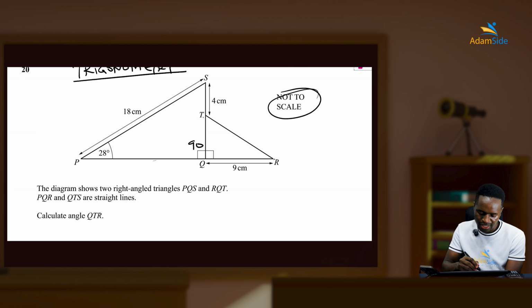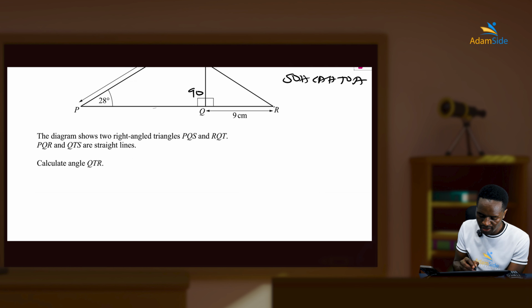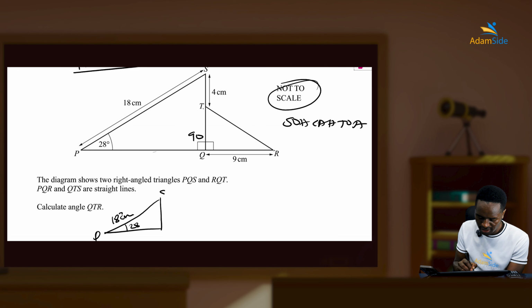We have 28 degrees, so we can use SOHCAHTOA. We have 18 centimeters and 28 degrees at P, this is S, and this is Q.